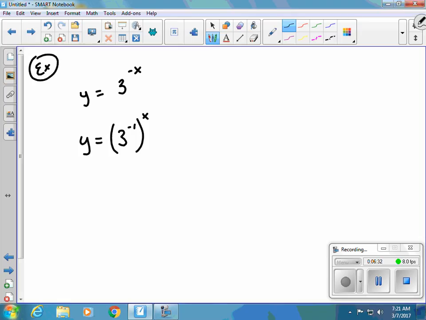It's like what we've done before with exponents where we split the exponent. 3 to the negative 1 gives us 1 over 3, to the power of x. This is actually exponential decay. Our initial value is 1. Our b, aka our exponential decay factor, is 1/3. So this does represent exponential decay.